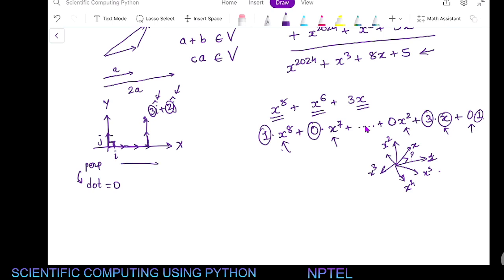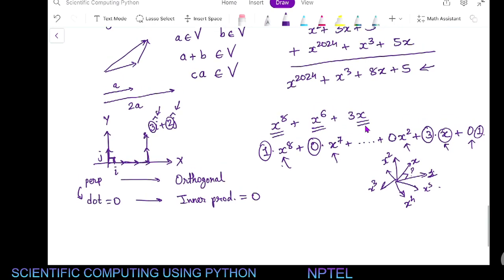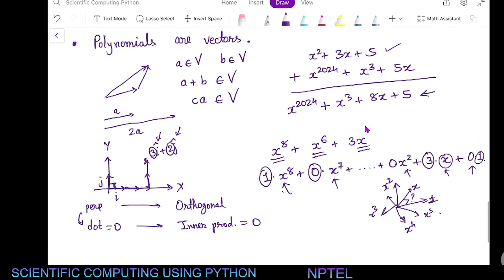In general, for perpendicular we use orthogonal, and dot product becomes inner product. It's the same thing, new name, a generalized name. In my head, I always think of orthogonal as perpendicular in some space, and inner product is just dot product.